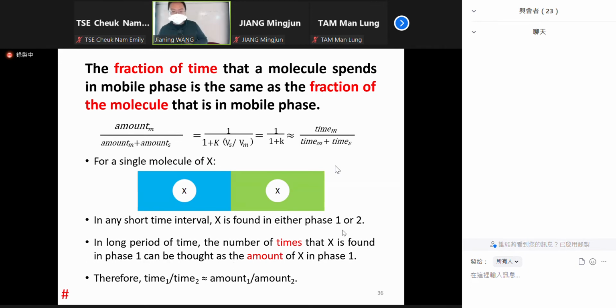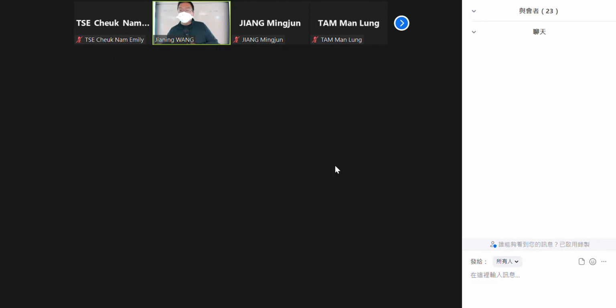So this is a rough relationship, and remember that the amount, the portion, the fraction of X is based on the expression. So we can build the portion of X in a column, which also depends on their retention time portion, right? Time in mobile over time in mobile plus time in stationary.